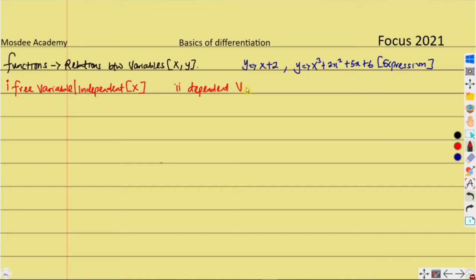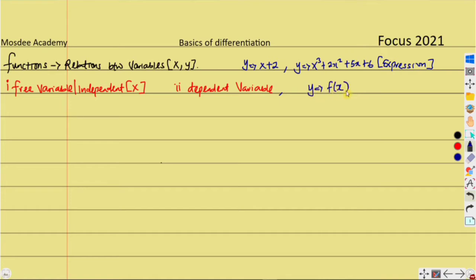So these are the two classifications of variables you have, which actually bring about the expression in mathematics we call function. So generally, the function relationship we use in mathematics to express y and x is what you see everywhere you go: y is equals to f of x.